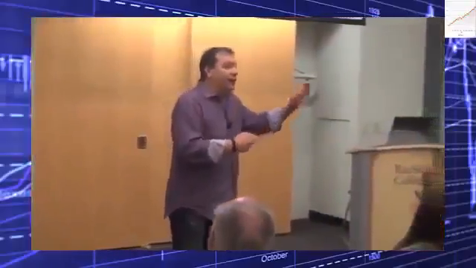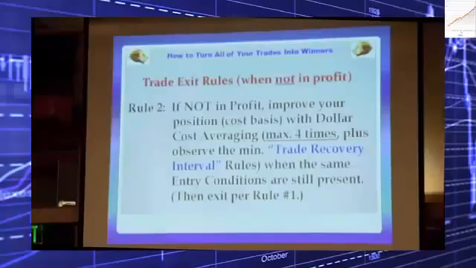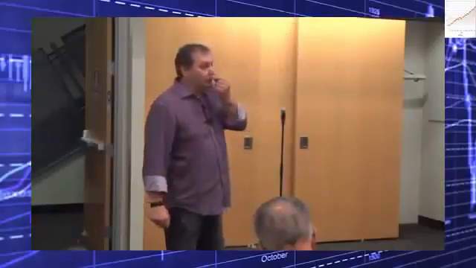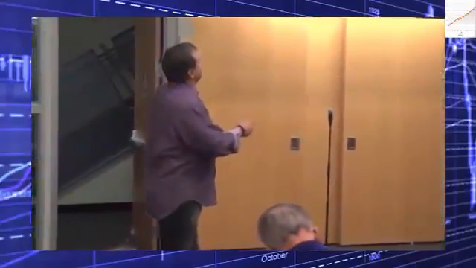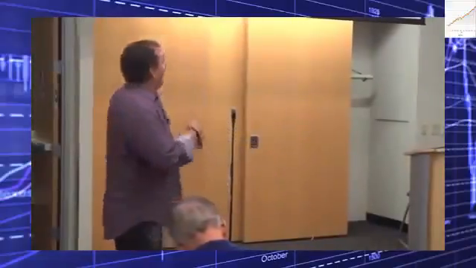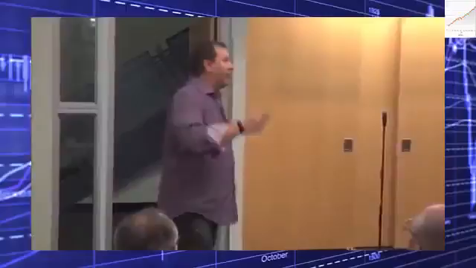And if the market doesn't necessarily go with you right there and then, as long as the same entry conditions are still in place or present, that is step number 1 and step number 2, you can enter as many as 4 more times. And that will improve your cost basis. And then, when you're in profit, the bar changes color.